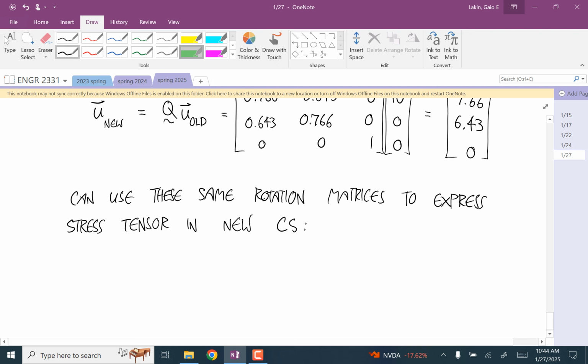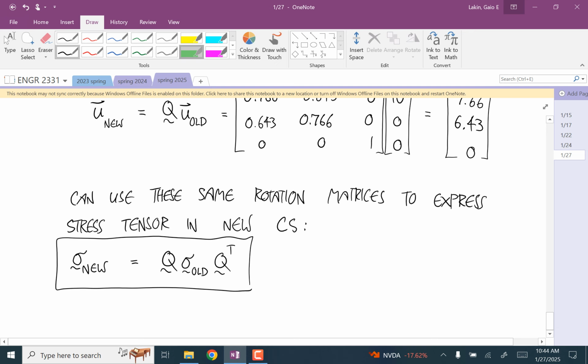And the way it works is the new stress tensor is equal to Q times the old stress tensor times Q transpose. Okay, you can leave.